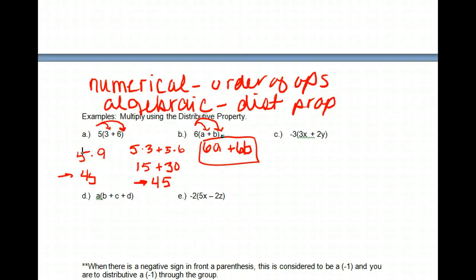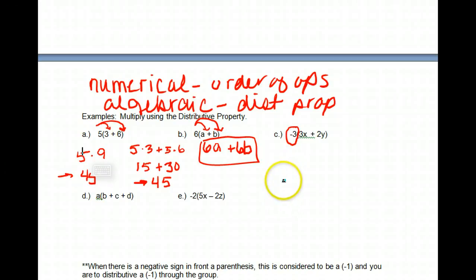Okay, let's look at example C. We look inside our parentheses to see if anything can be simplified, but our terms are not like terms. So we can go no further unless we use the distributive property. So outside of that parenthesis, you will notice that you have a -3.